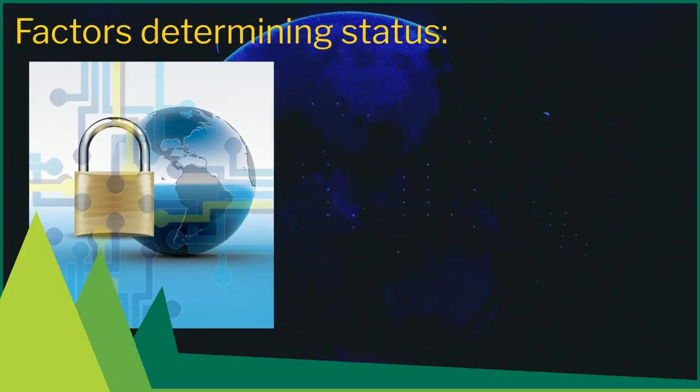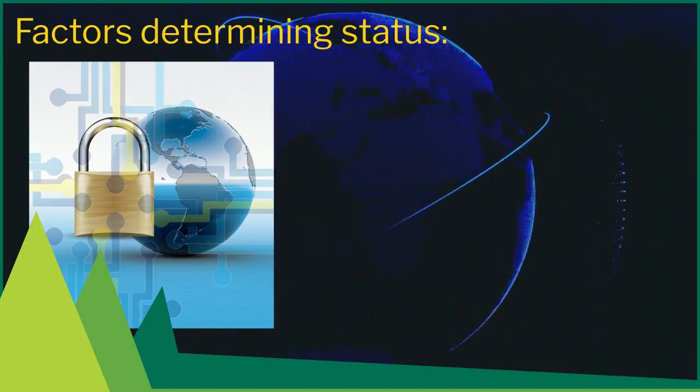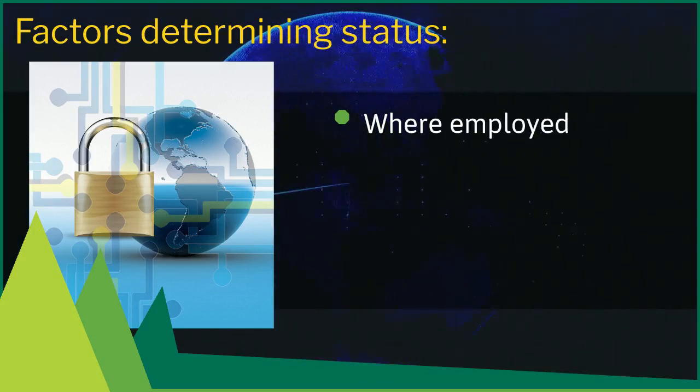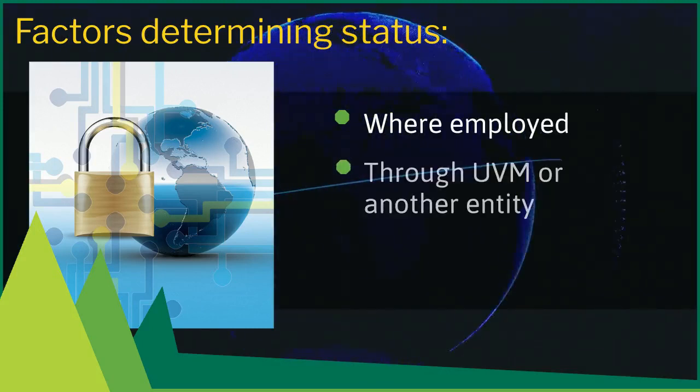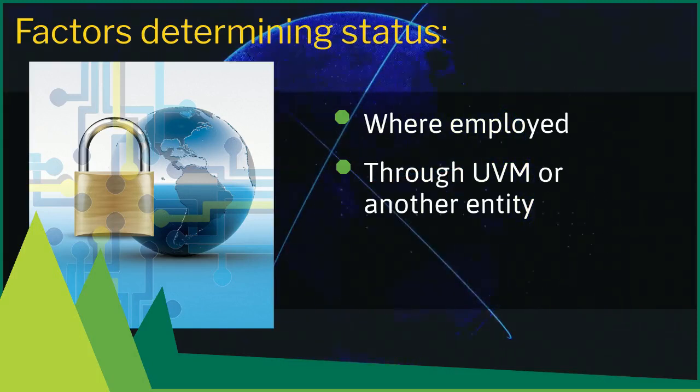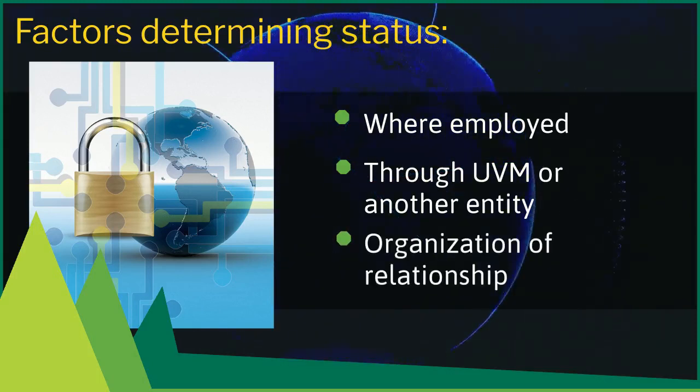The answer to this question may depend on many factors, including but not limited to where the researcher is employed, whether the research is through the university or through another entity such as a hospital or other covered entity, and how the entity with which a researcher has a relationship is organized.